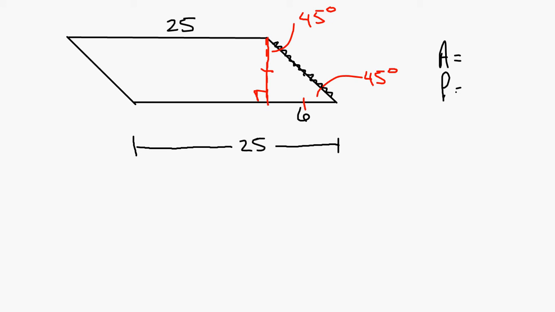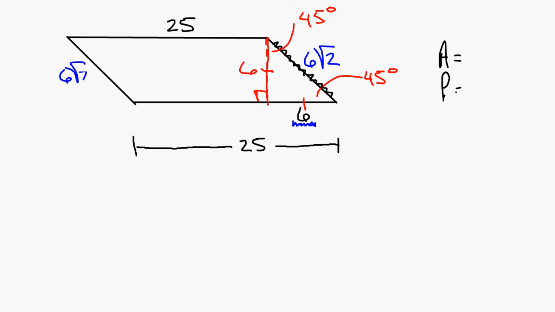Now, a 45, 45, 90 right triangle is another type of special right triangle, and the hypotenuse is equal to one of the legs times the square root of 2. So this hypotenuse is equal to 6 times the square root of 2, which makes this left side of the parallelogram 6 times the square root of 2.